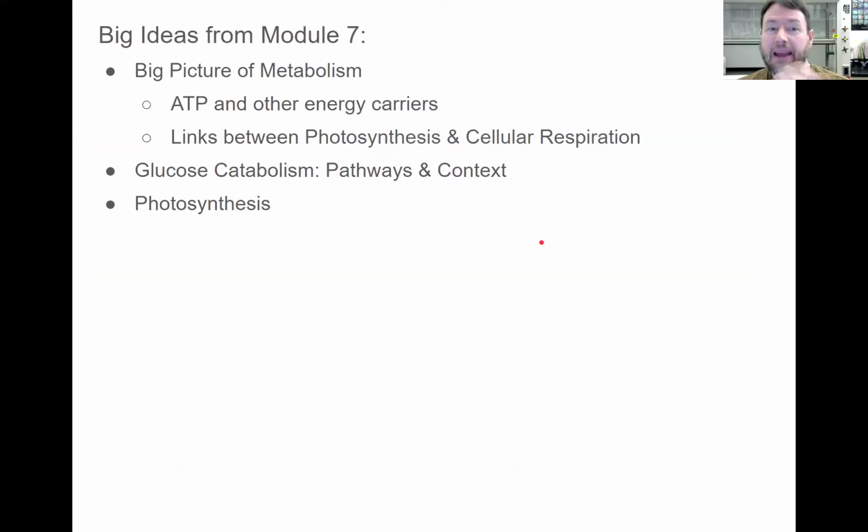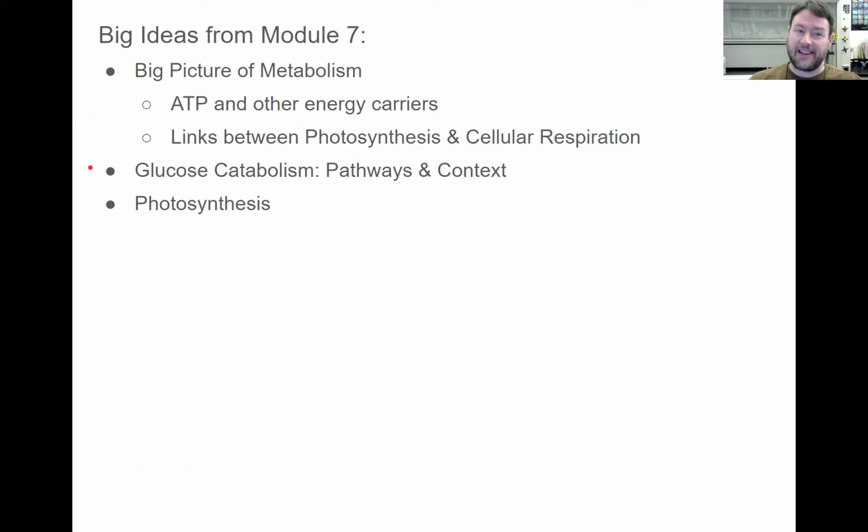All right, so the big ideas for this module, we want to think about maybe the big picture of metabolism and how do cells meet their energy demands. We'll talk about ATP and some other energy-carrying molecules, and we'll look at the links between photosynthesis and cellular respiration.